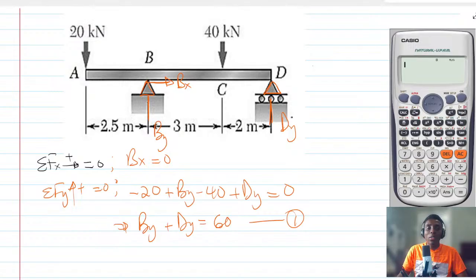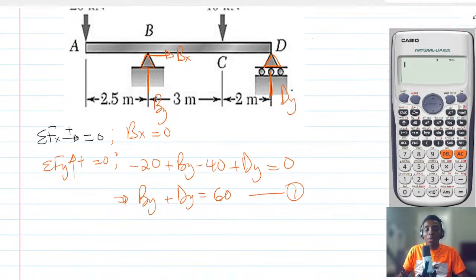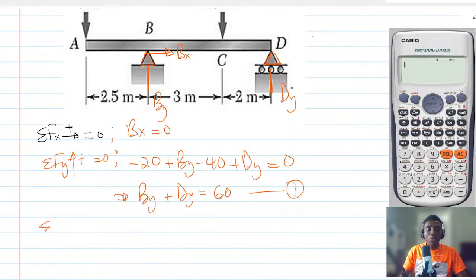Now at this point you have one equation but two unknowns, so you need an extra equation which will be coming from the moment. So we will sum moment about point B, clockwise is positive, equal to 0.